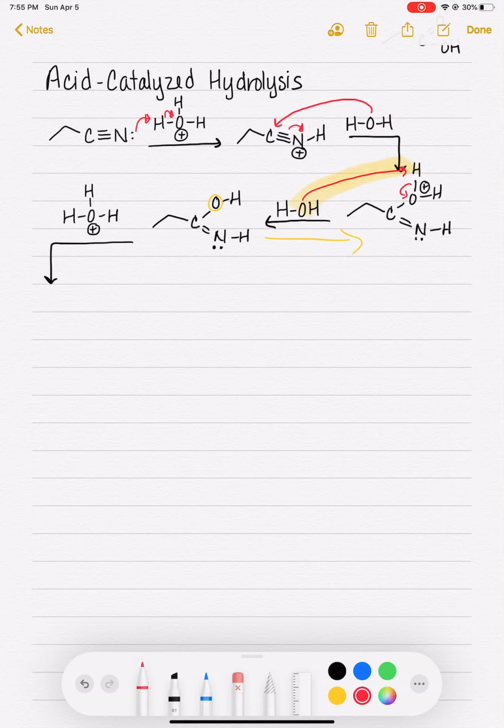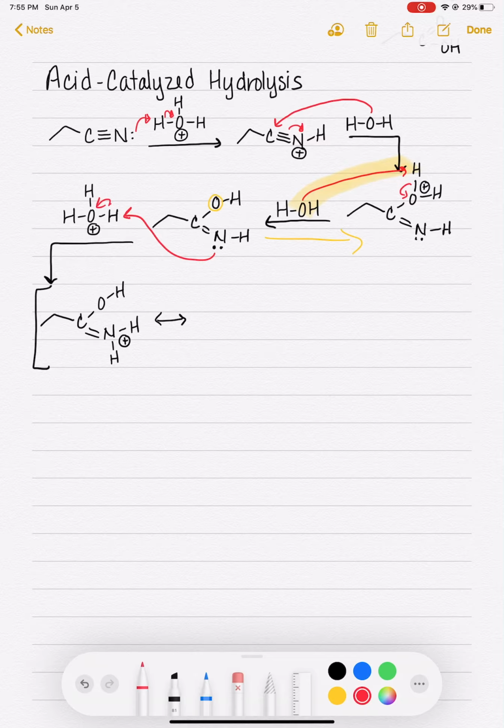So instead of protonating the oxygen, we're going to protonate the nitrogen. And that gives us an NH2. Still have the double bond between the carbon and the nitrogen, so now we have a positive formal charge on the nitrogen. We can draw a resonance structure for this molecule.